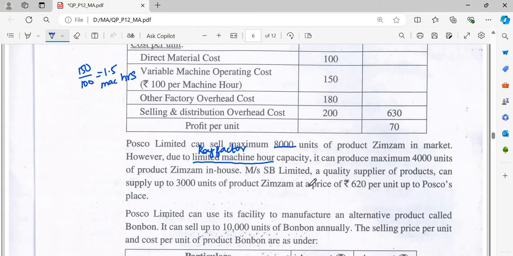So SB Limited, another company, a quality supplier, can supply up to 3,000 units of the product at a price of 620 per unit up to Pasco's place. So if I'm purchasing from SB Limited, I can get up to 3,000 units at 620 rupees per unit.